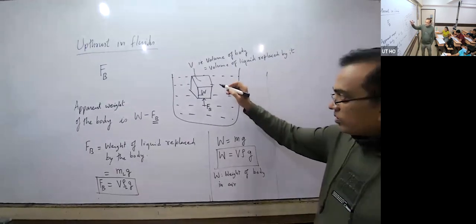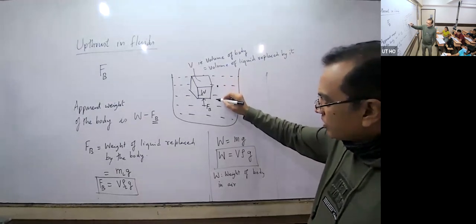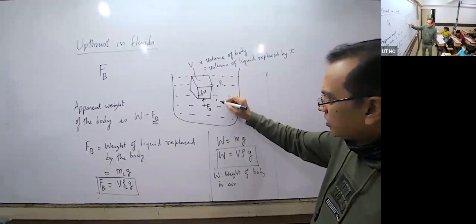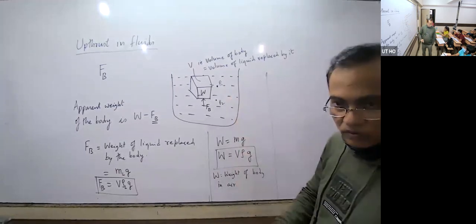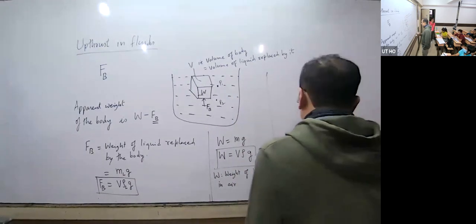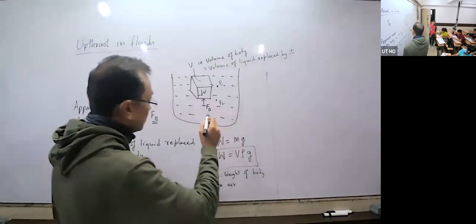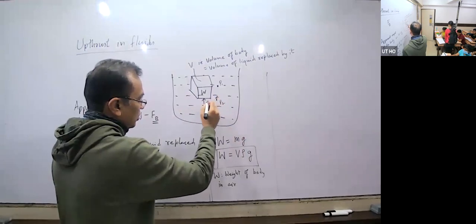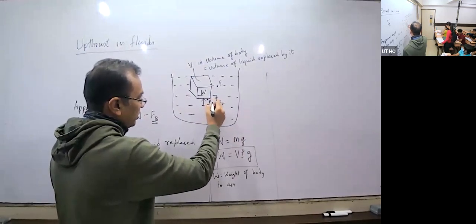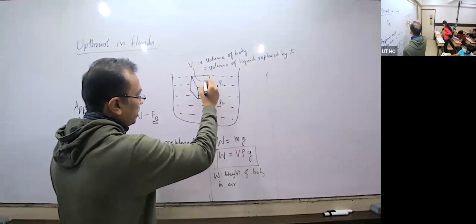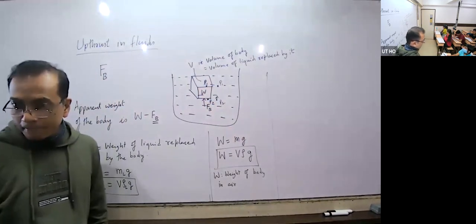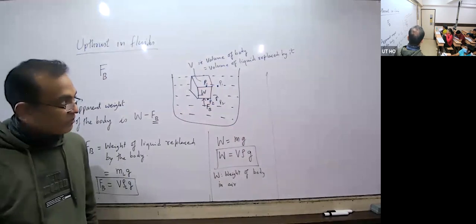The reason for upthrust is the difference in the pressure at different layers. Here the pressure is P1, and here the pressure is P2. Pressure acts in all directions. Are P1 and P2 the same?